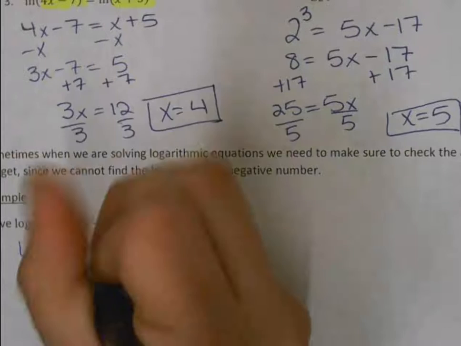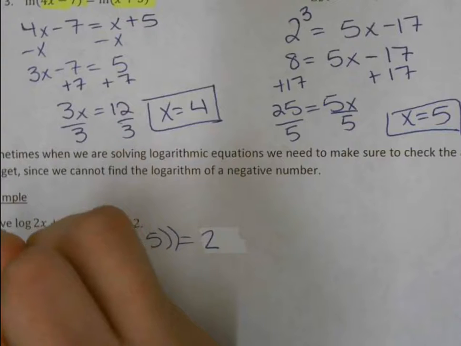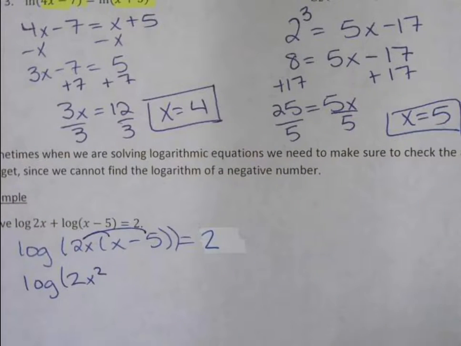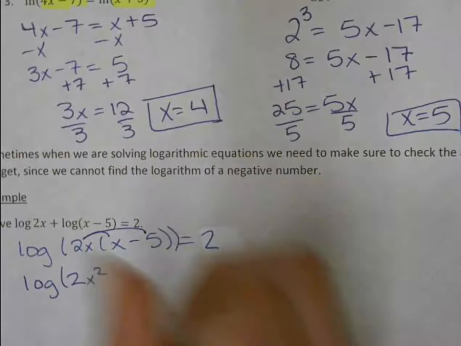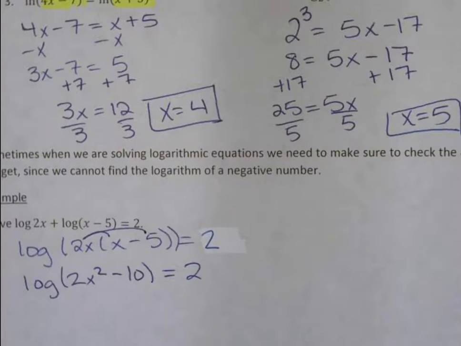I multiply, Jerry. So 2x times x is... and then 2x times negative 5 is negative 10x equals 2.